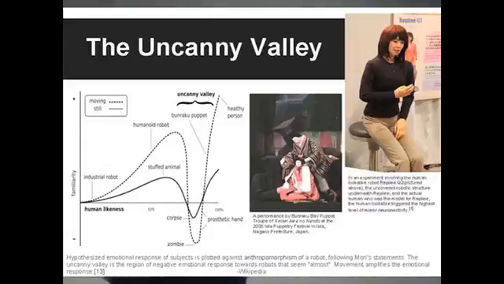Movement amplifies the emotional response. So if you're sitting there still and you're just talking about a doll that's not moving, the curve's much flatter. We're talking about robots, we don't care about the flat one, right? We care that it's got to move right, it's got to talk right, it's got to sound right, it's got to animate correctly. And the response is much stronger. That's the dash line.